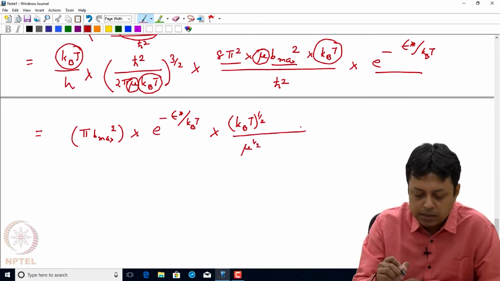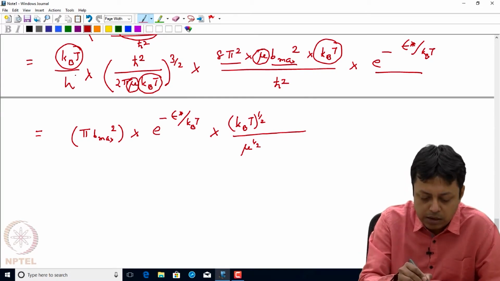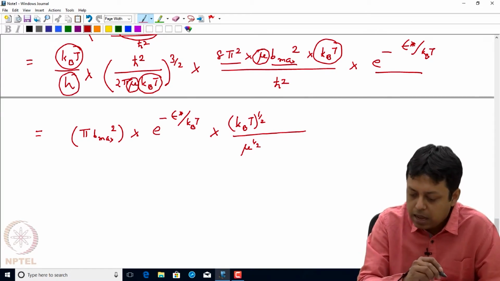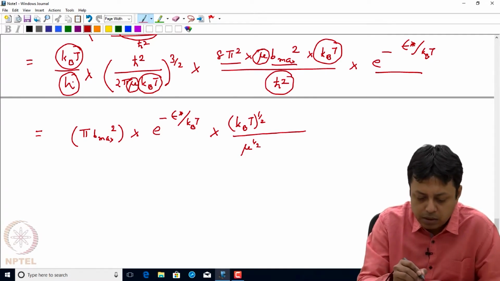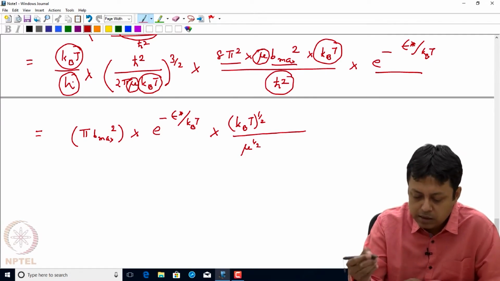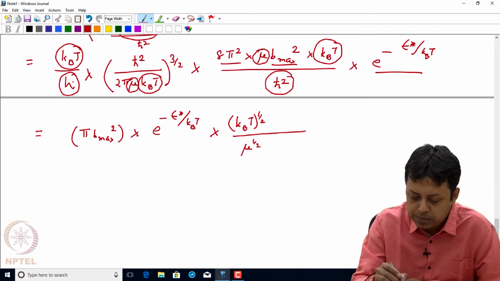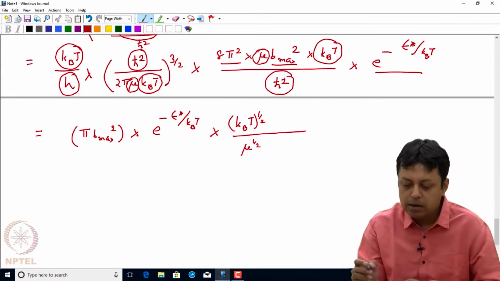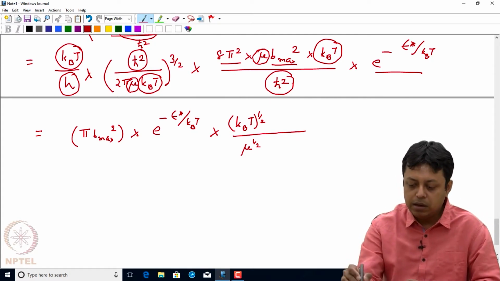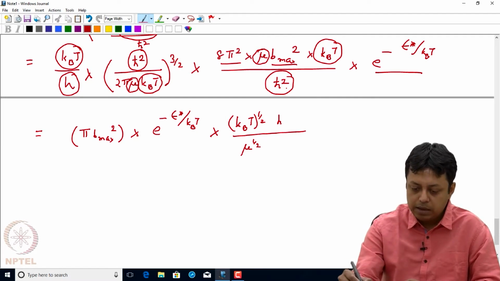And now let us calculate the h. So I'll have h here, and I have h bar squared here. Let us calculate the h bars first. So h bar squared and h bar squared here, so I'll have h bar to the power half.